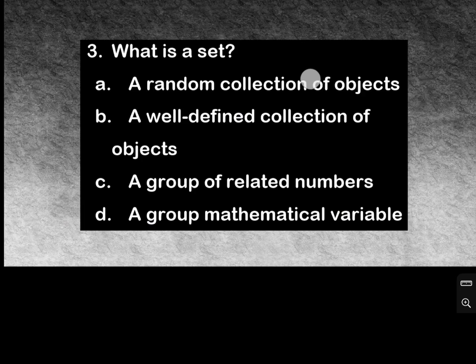What is a set? Well, a set is a well-defined collection of distinct objects. It's not a random collection, it's not a group related, and also it's not a group variable. It's always a well-defined collection of distinct objects, a unique object.